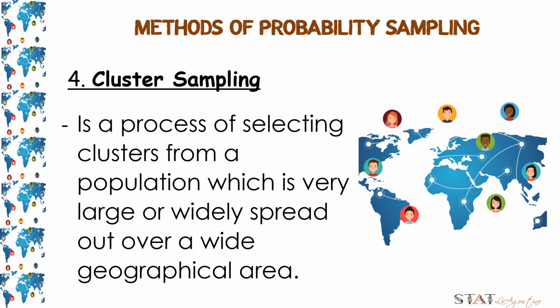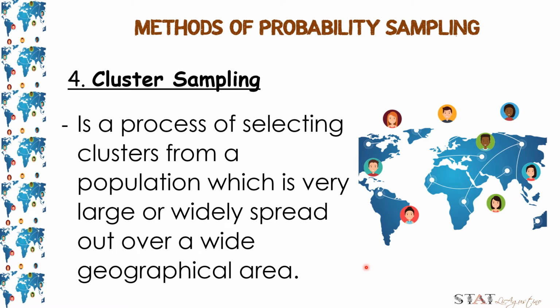So I will interview someone in this region, and then in the next region. So that is the cluster, widely spread out over a wide geographical area. Okay, so that's cluster sampling.